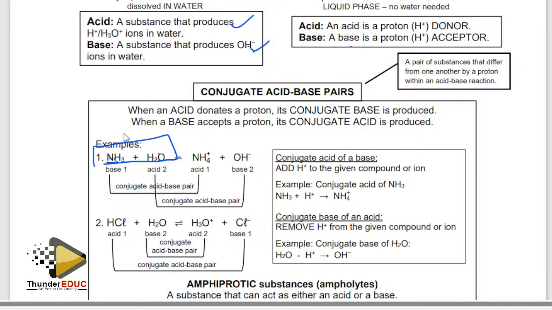When it goes back, the one which has obtained the hydrogen ion becomes the acid to give it back. So this and this become a conjugate acid-base pair, and this and this become the other conjugate pair. So you have to identify one side, which one is the acid and which one is the base.